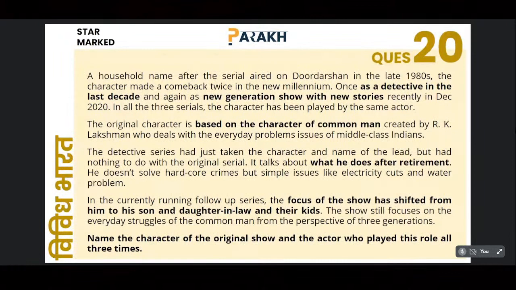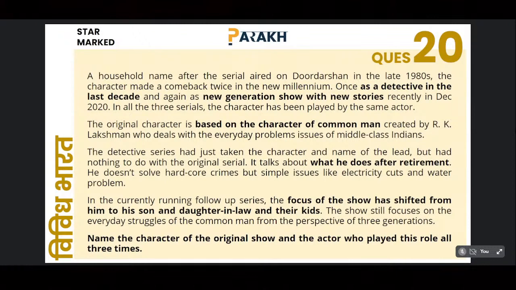The detective series had just taken the character and name of the lead, but nothing has to do with the original serial. It talks about what he does after retirement. He does not solve hardcore crimes, but simple issues like electricity cuts and water problems.